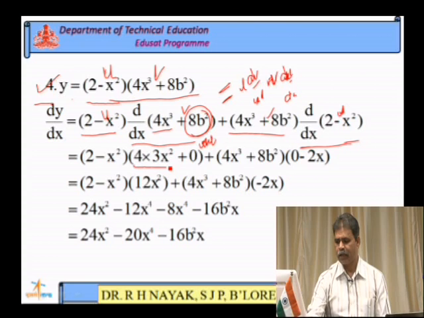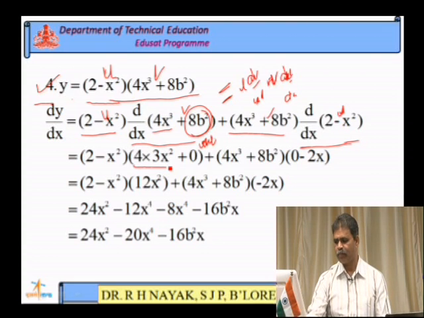When multiplying it, it becomes 12x square multiplied with 2, that is 24x square, minus x square into 12x square, which is 12x to the power of 4. Minus 2x is multiplied with both terms of this bracket: minus 2x into 4x cube, that is plus into minus, minus 4 into 2, it is 8x to the power of 4.